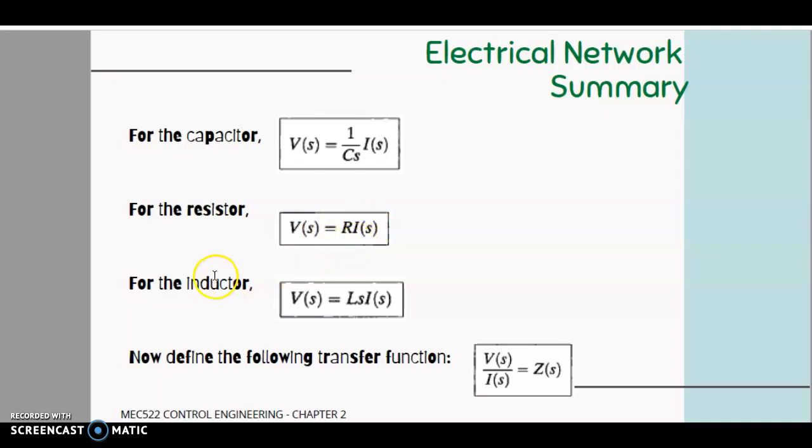Meanwhile, for the inductor, V(s) equals L multiplied by s multiplied by I(s). And then the impedance for current-voltage is V divided by I equals Z, because voltage is the output and I is the input. That's all for electrical.